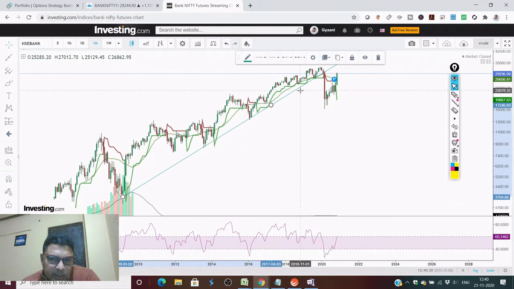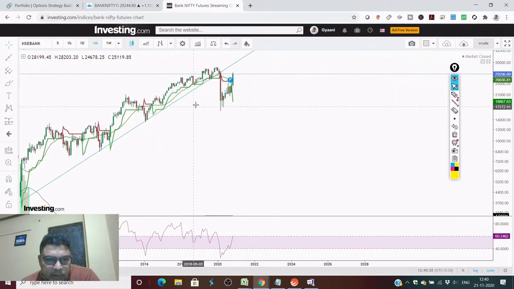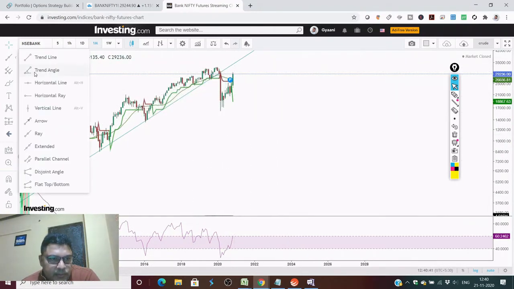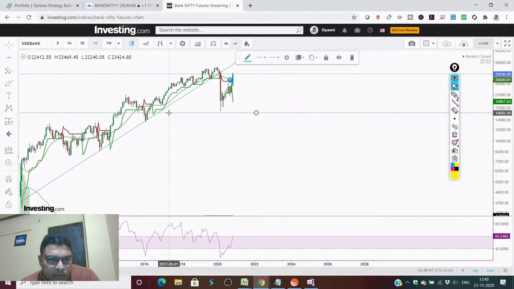So this was the trend line, and the trend line broke and the market started coming down. Then you can see the market has retraced to the previous levels. This was the level where it has crossed.